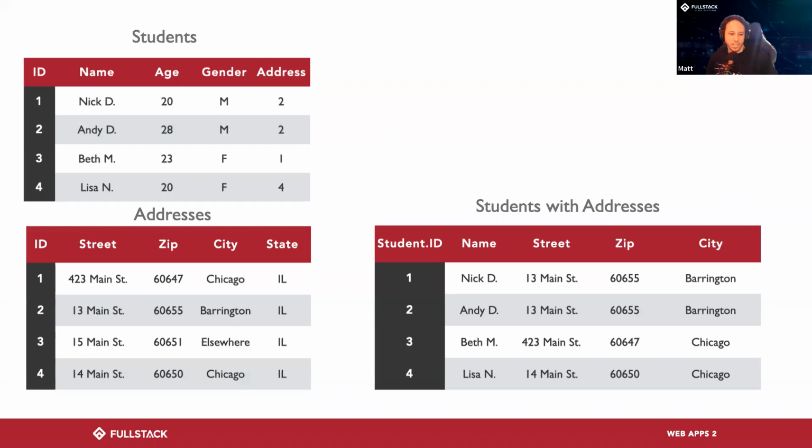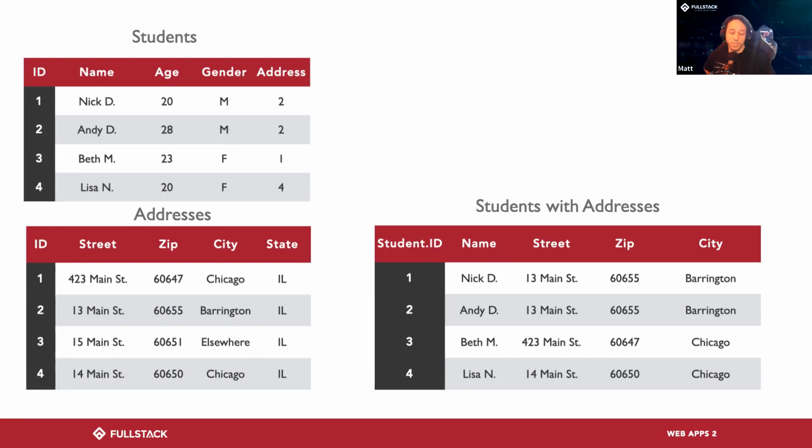If I wanted to combine both of these tables, so I had students with addresses, I have another keyword. Does anyone know what the keyword is to bring 2 tables together? Combine? Join. To join these 2 tables together, we use the join keyword.